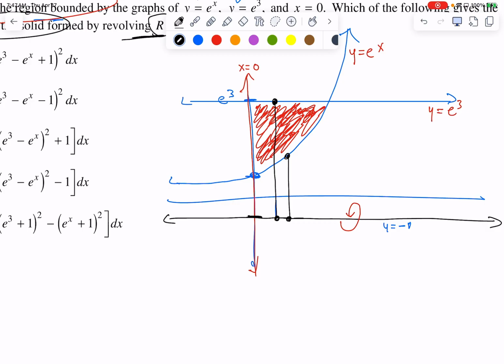Remember, when you do area under the curve, it's an infinite number of rectangles. These rectangles become discs. If you rotated one rectangle, wouldn't it just become a cylinder? A hockey puck.